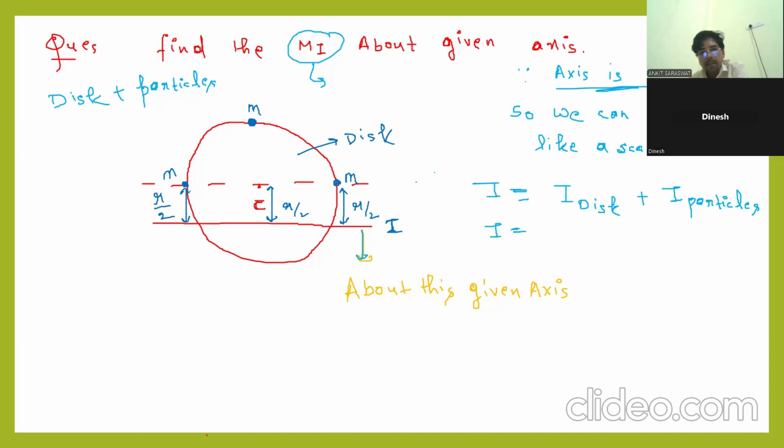For the disk, if you look carefully, what is the moment of inertia about this axis? For the axis through the center it is MR square by 2.